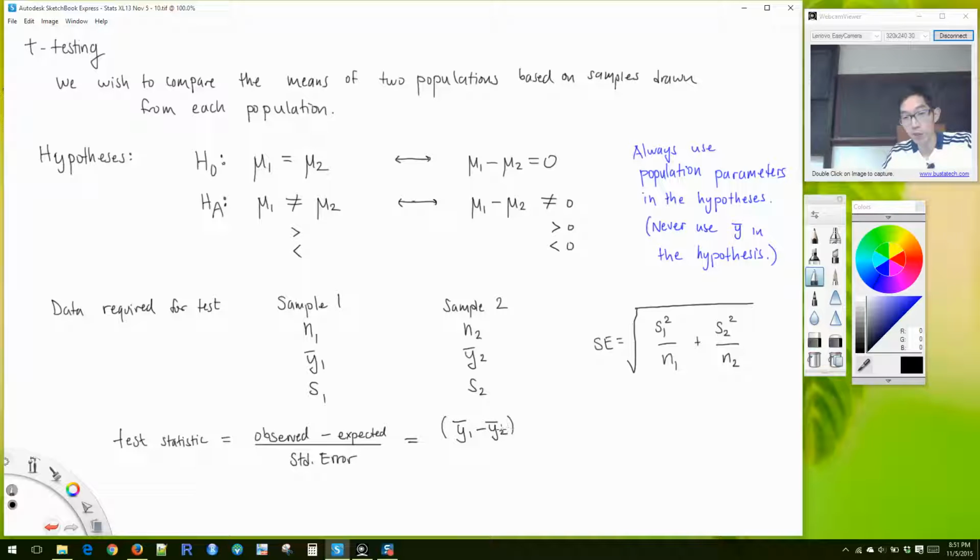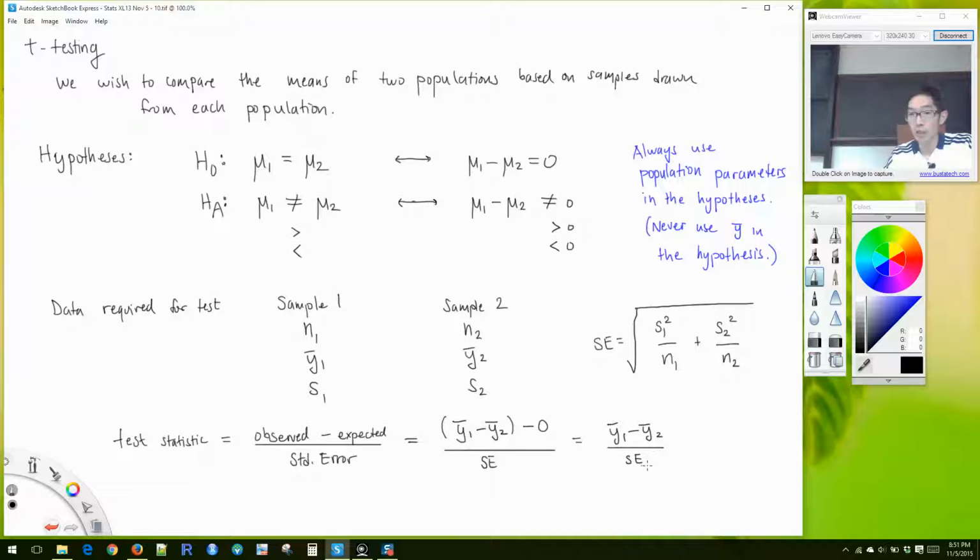We expect that difference to be 0. So our expected value is 0, so we would technically be subtracting off 0. And then we take this difference and we divide by our standard error, SE. Because we're just subtracting off 0, effectively this becomes y bar 1 minus y bar 2 divided by our standard error. So this is our test statistic.